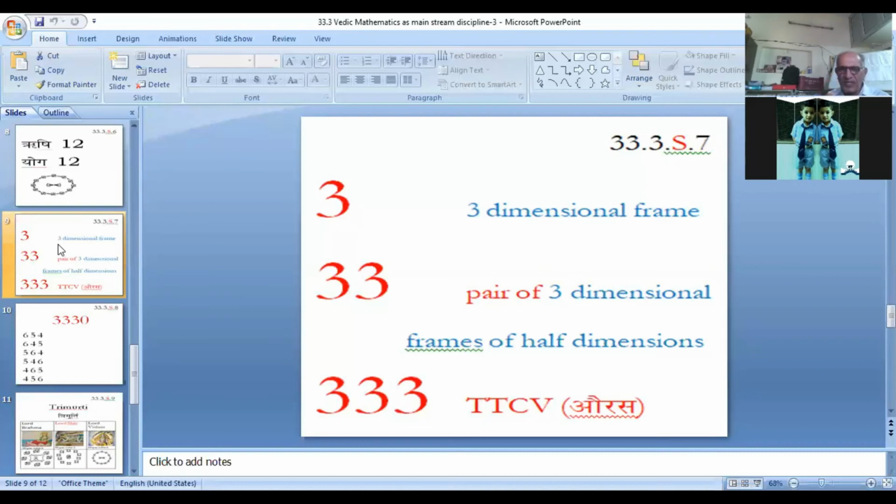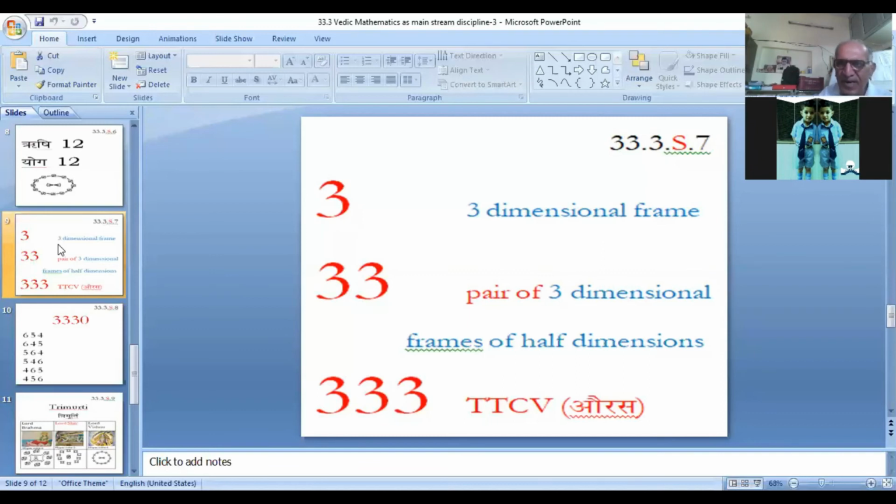So 4 space in the role of an origin of a 3 space, the transcendence of 4 space as origin from 3 space domain, will amount to the split of a 3-dimensional frame into a pair of 3-dimensional frames.